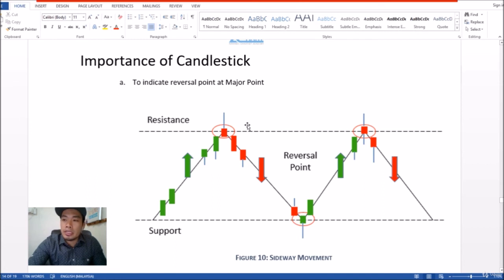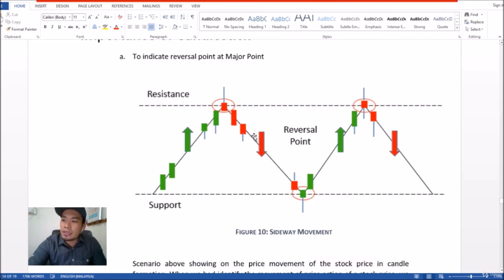Usually we already analyze that at certain points the price is going to reverse, and the candlestick would confirm that it will happen. For example, it's going down, it's going up, so from this sideways movement we anticipate a price reversal candlestick occurring at this place and at this place.